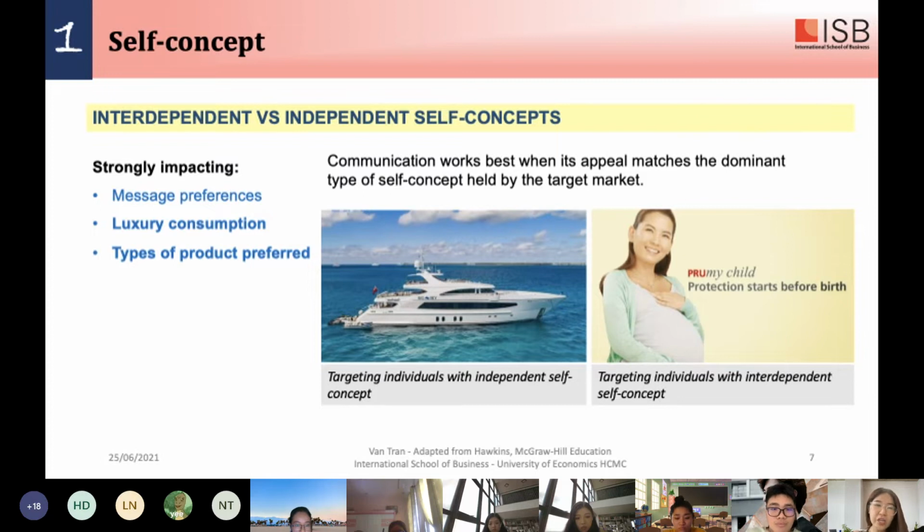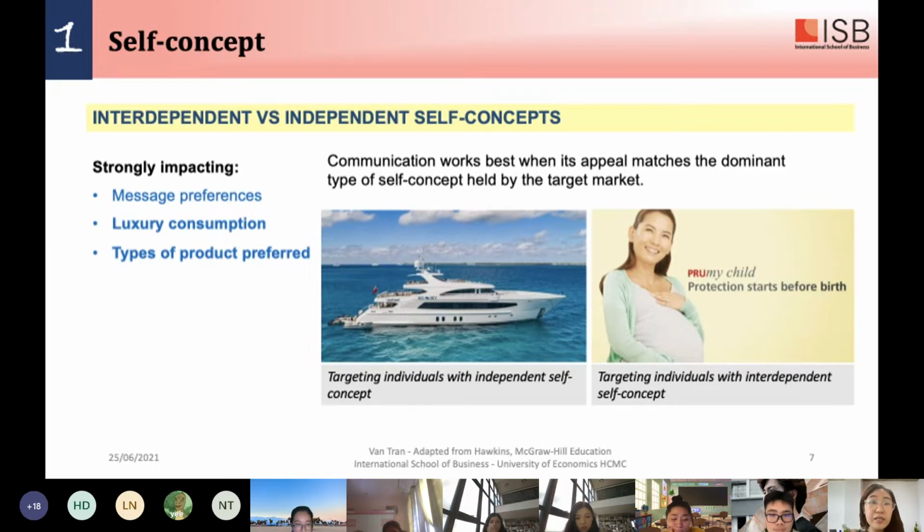And on the other hand, the interdependent individuals would prefer and may want to invest more in their relationships with the other people in their community or in their group. So some products like this kind of children insurance from Prudential would be more attractive to the people with interdependent self-concept.